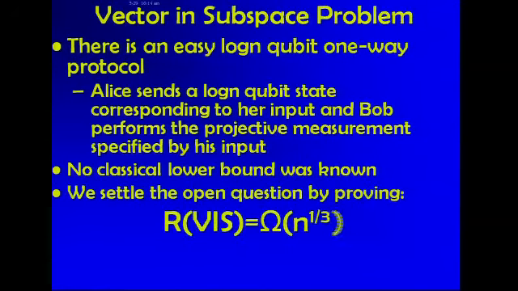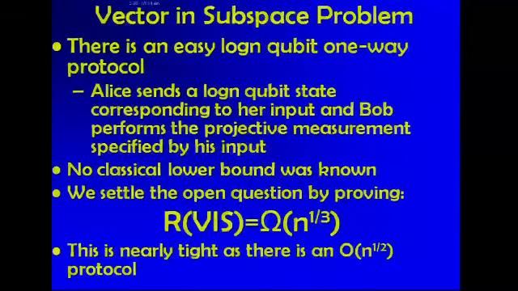We'll show a lower bound of n to the 1/3. To solve this problem, you need n to the 1/3 bits of communication, no matter which way: Bob can send things to Alice, or Alice sends things to Bob. I should say, the naive algorithm is not the best. It turns out there's a square root n communication protocol for this.